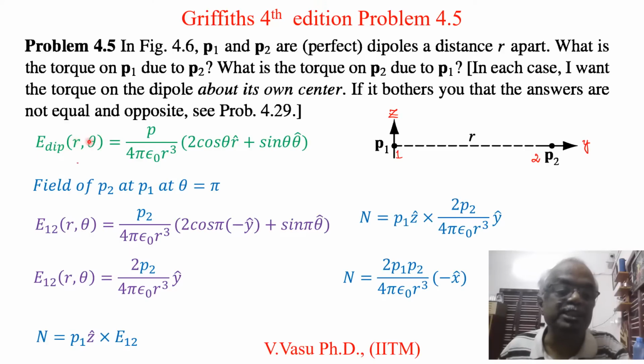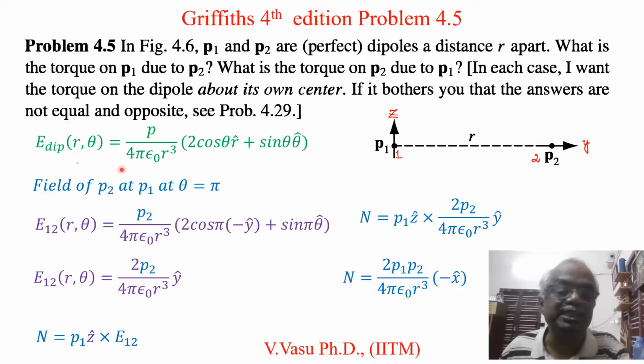which is a function of r and theta, equal to P divided by 4 pi epsilon naught r cube, multiplied by 2 cos theta r hat plus sin theta theta hat.